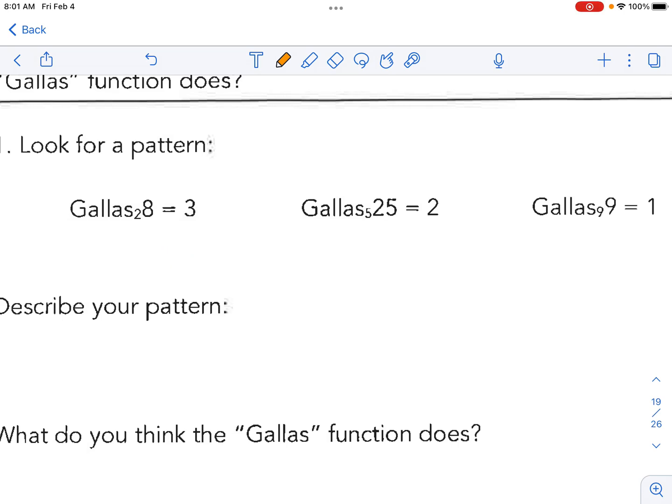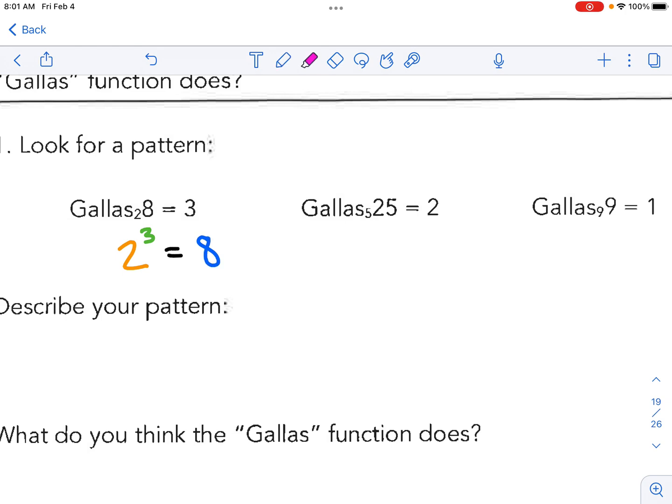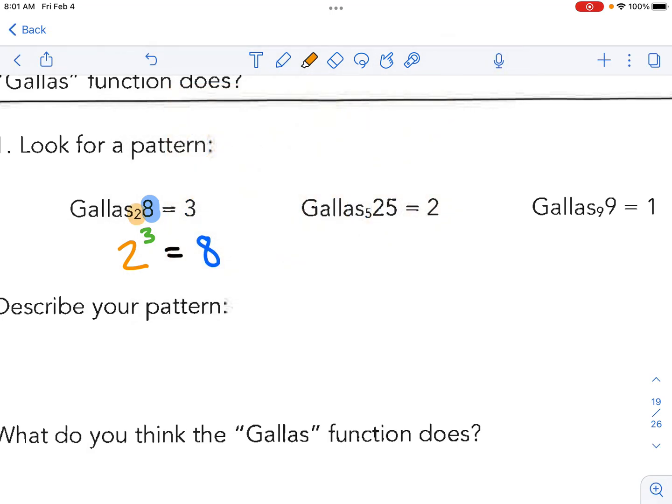Maybe I should color code this a little bit. 2 to the 3rd power equals 8. Here's the 8, here's the 2, and here is the 3, which is green. So we've got this little subscript 2, and if we're familiar with the terminology, that becomes this big 2 here.